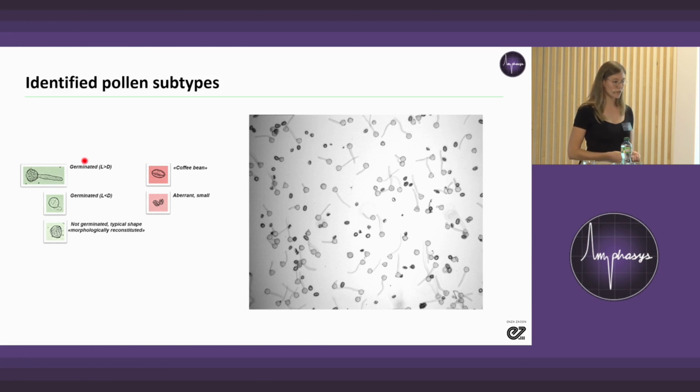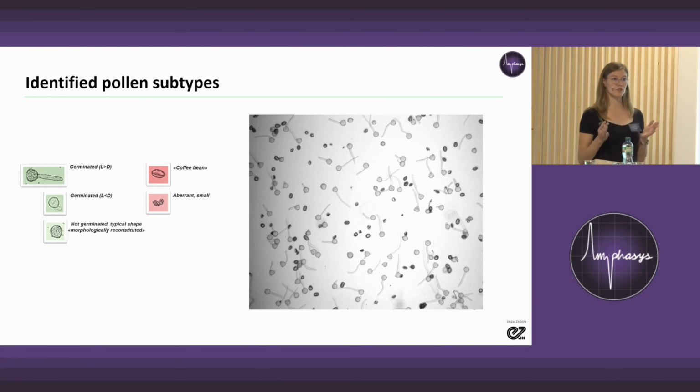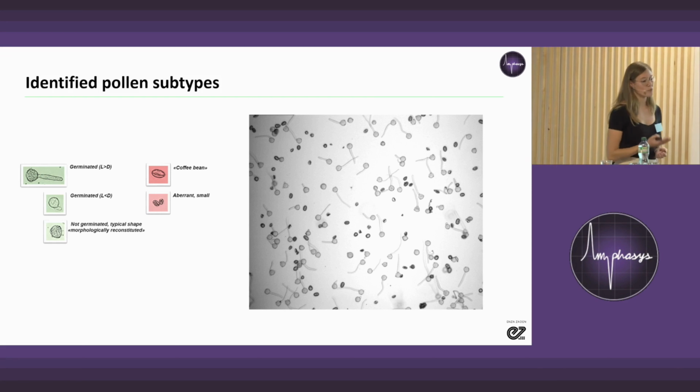So we have the germinated pollen with a pollen tube that is longer than the diameter of the pollen grain. We have ones that germinated, but which have a very short pollen tube compared to the diameter.